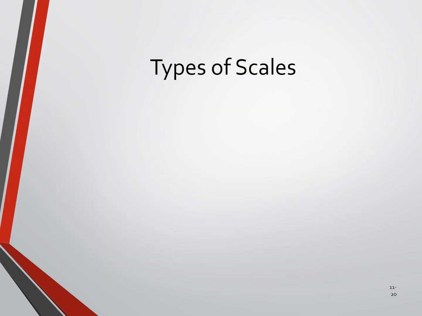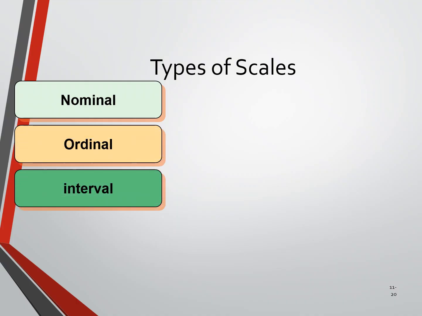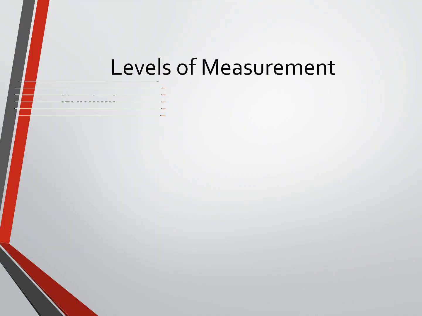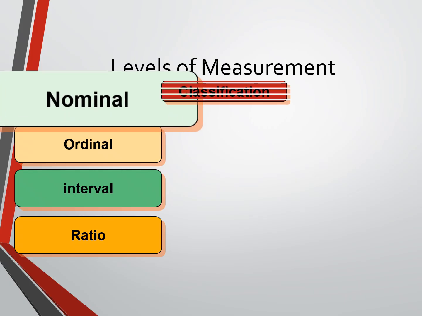So there are 4 types of scales we have: nominal, ordinal, interval, and ratio. Now the nominal scale specifically indicates the classification of the person who answered it, and that is one of the very important ones.